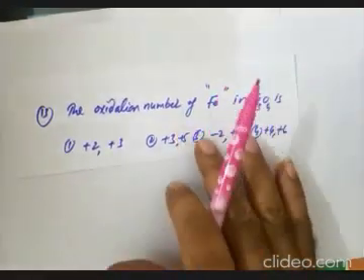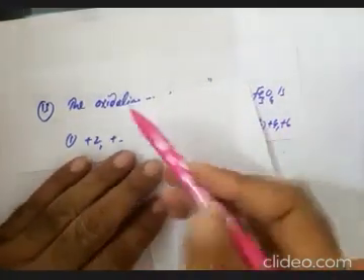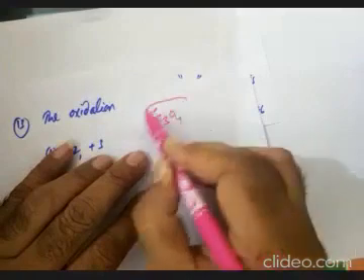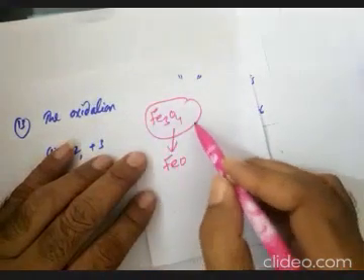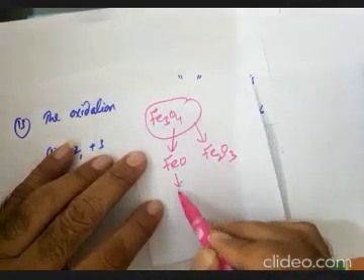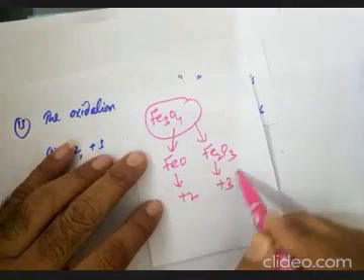The oxidation number of Fe in Fe3O4. This is a somewhat interesting question. Based on options you have to approach. Fe3O4 is a mixed oxide of FeO and Fe2O3. Here iron oxidation number is +2, and here iron oxidation number is +3.